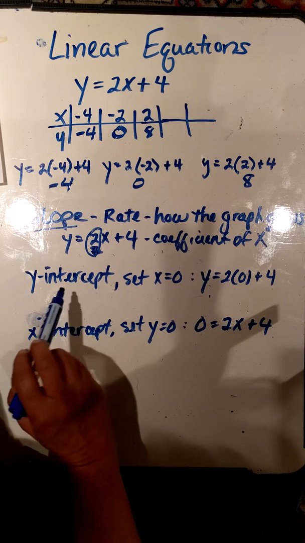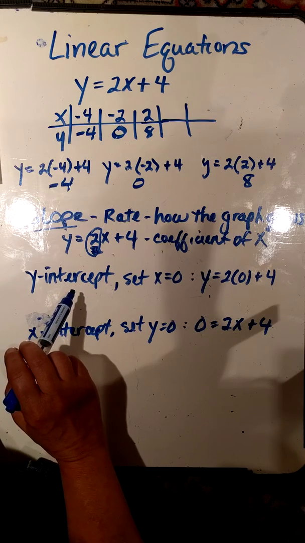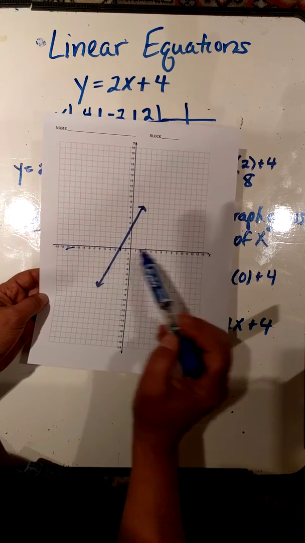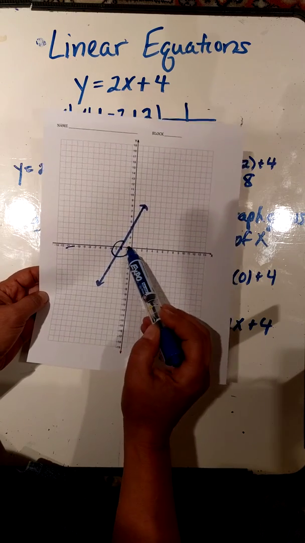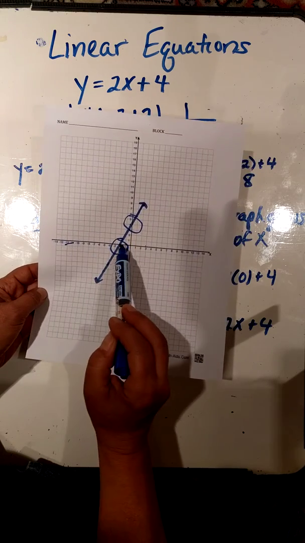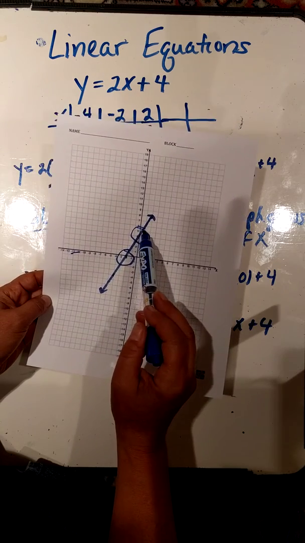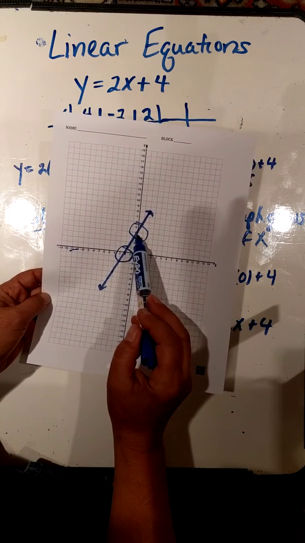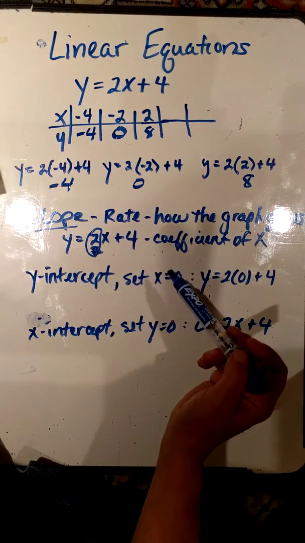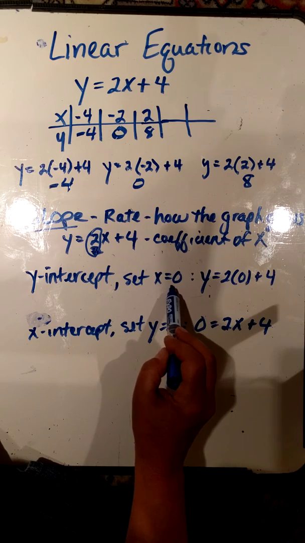They'll also ask about the y-intercept and the x-intercept. These are the points where our line crosses the x-axis, right here, and where we cross the y-axis. To find the y-intercept, we set x equal to 0.